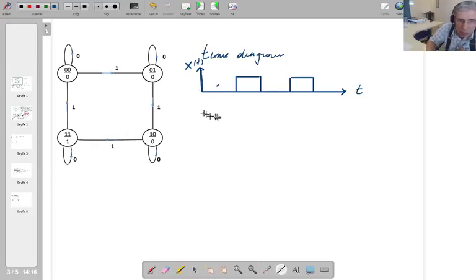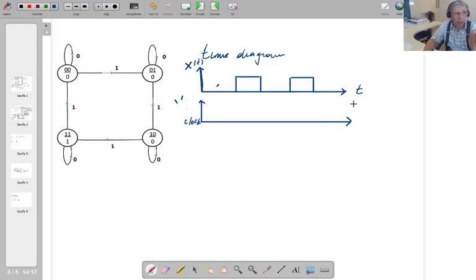Now the next thing that I'm going to draw with respect to time is going to be pulses, clock pulses. Let me write clock. For each input, I must have a clock pulse.